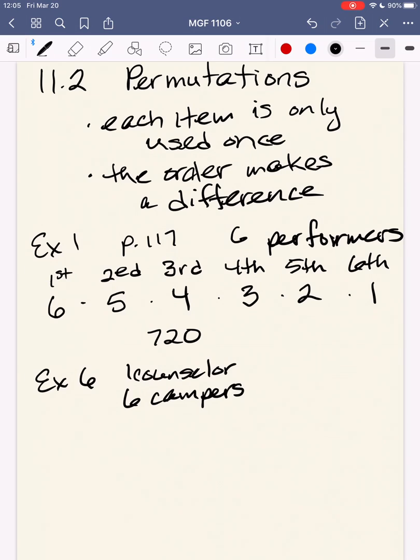They are to be seated on a picnic bench, and we want to know how many ways this can be done if the counselor needs to sit in the middle. That kind of makes sense. And a camper who has a tendency to engage in food fights must sit to the counselor's immediate left.